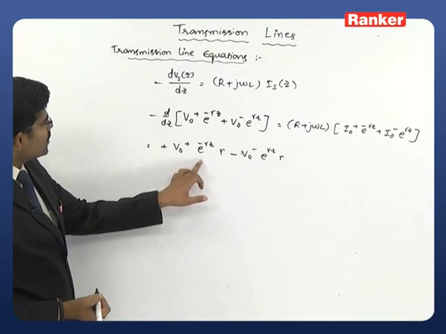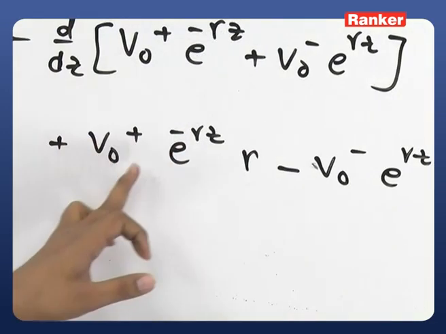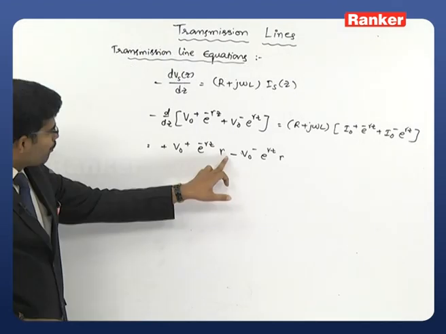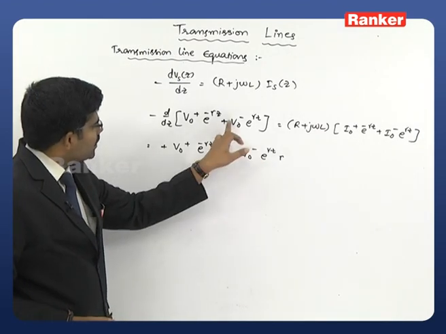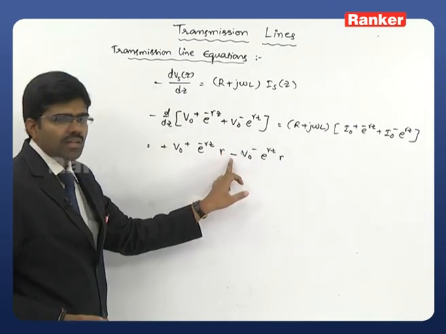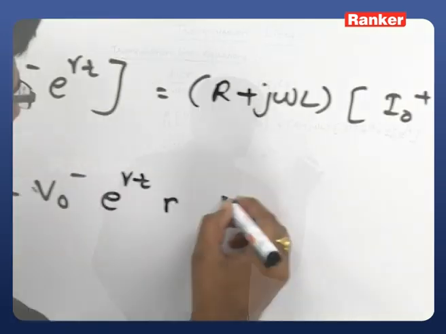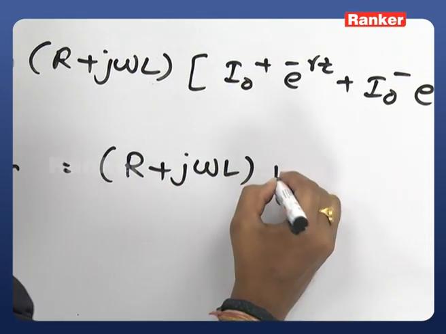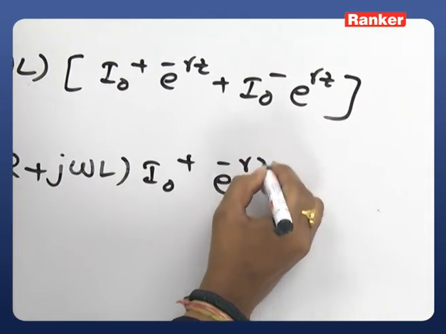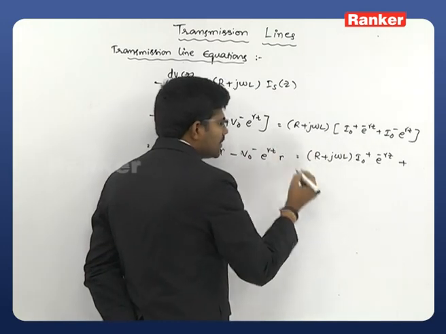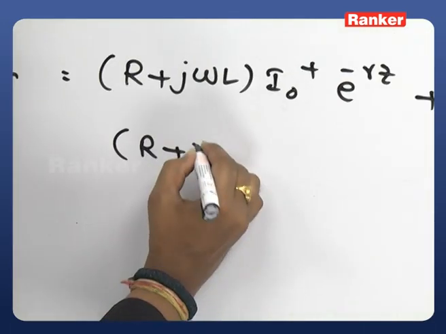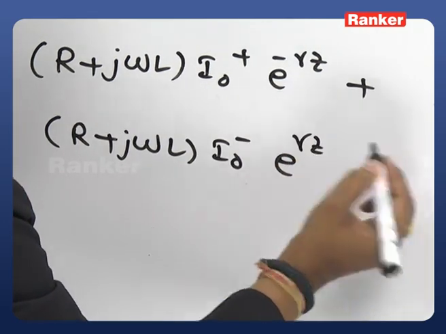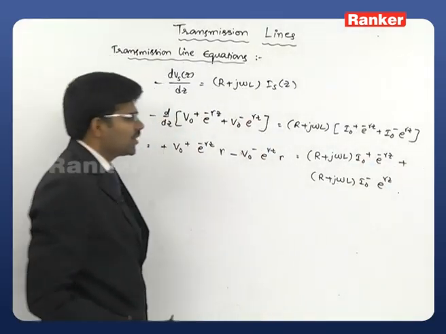The derivative of V0 plus e power minus gamma z has internal derivative minus gamma, multiplied with the minus gives plus, and for V0 minus e power gamma z the internal derivative is gamma, with the minus, exactly right. This is equal to (R plus j omega L) multiplied with I0 plus e power minus gamma z plus (R plus j omega L) I0 minus e power gamma z. So this is the equation that we have.